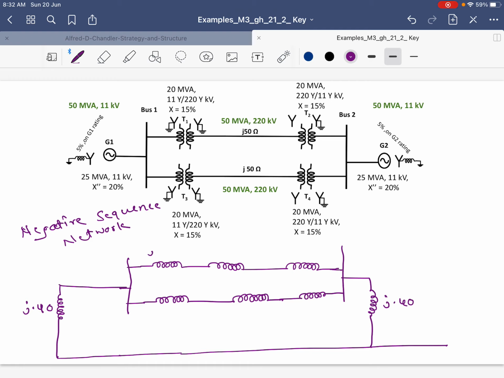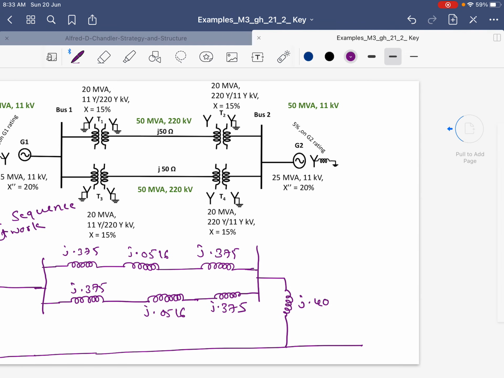And for all the transformers, it is once again J0.375, J0.375, J0.375, here also J0.375, and the transmission line, once again it is J0.0516, J0.0516. This is the negative sequence diagram.